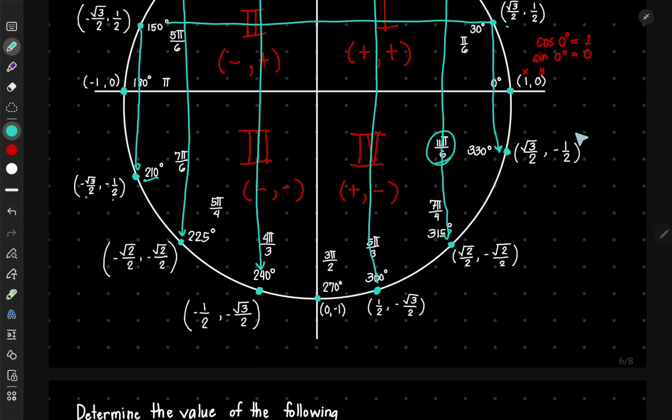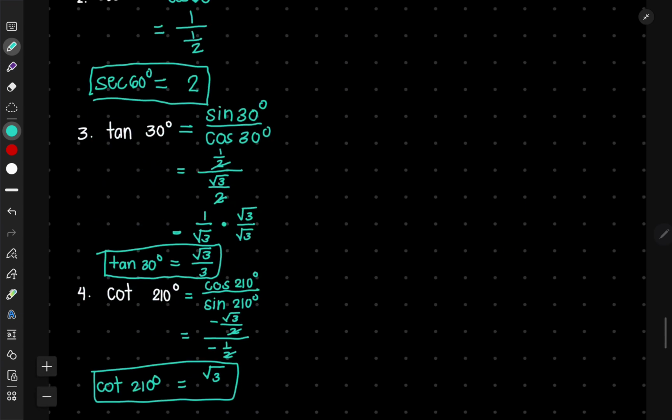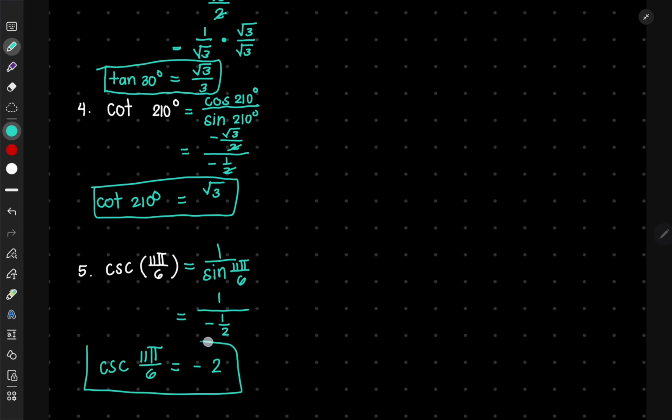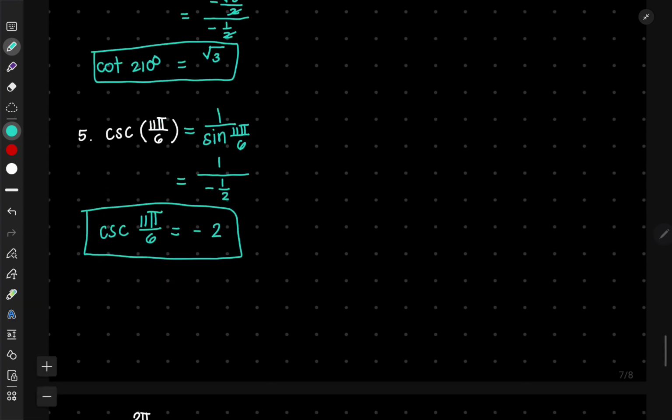So, what we just need is this. So, we have sine 330 degrees, or that is equal to negative 1/2. So, this is equal to 1 over sine 11 pi over 6, or this is equal to 1 over negative 1/2, or this is equal to negative 2. And this would be the cosecant 11 pi over 6. So, that's the answer for that one.